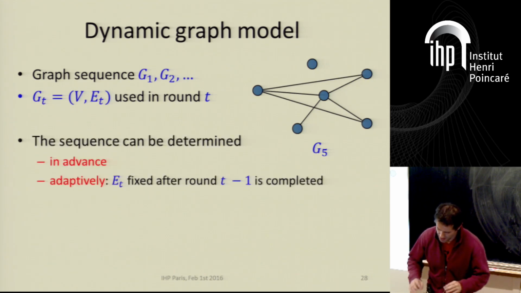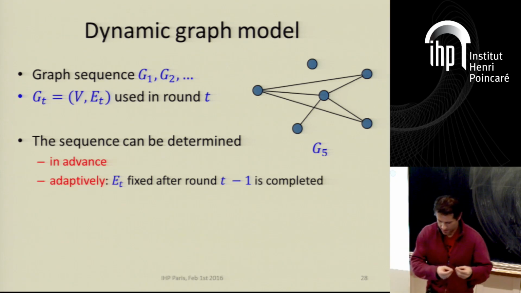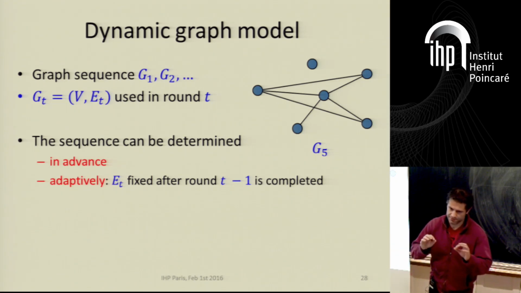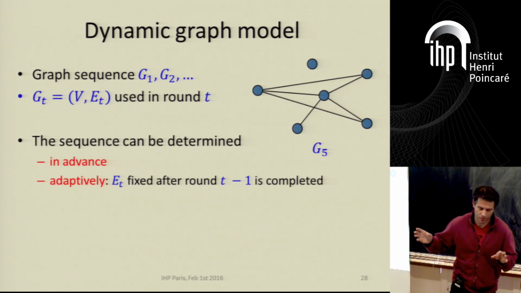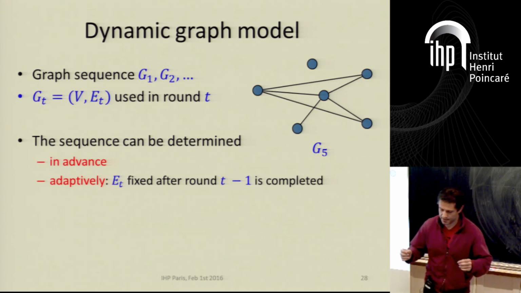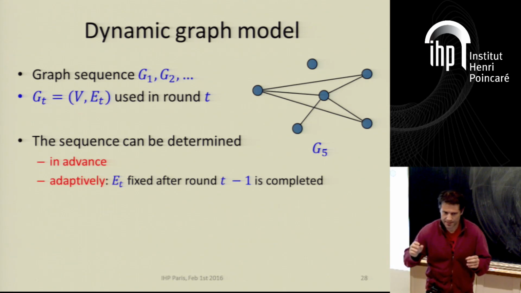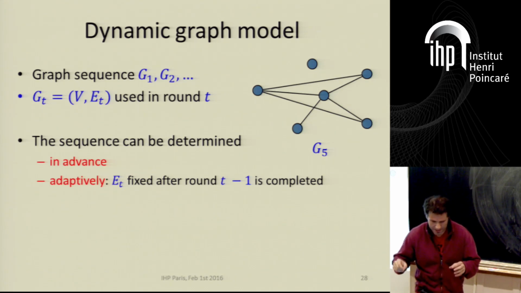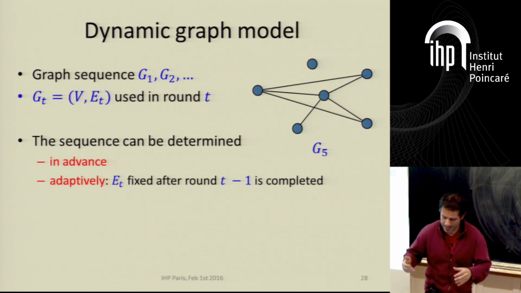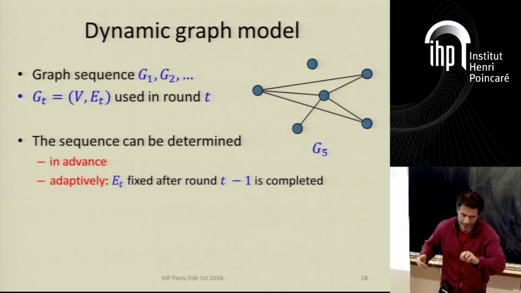How can it change? We assume two models. Either the whole sequence of graphs is fixed in advance before the protocol starts, or it can be determined adaptively, which means that the graph for round t is fixed right after round t plus 1. So it can depend on the actual set of informed nodes at that time.